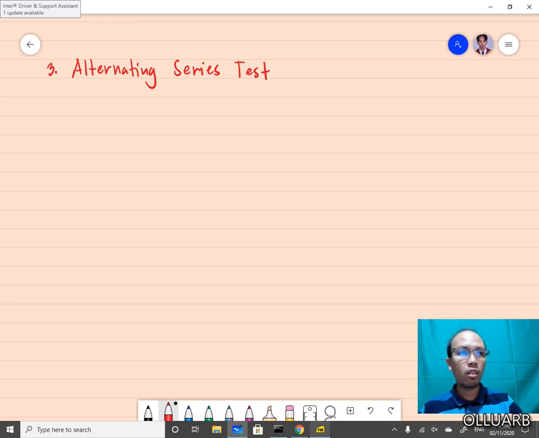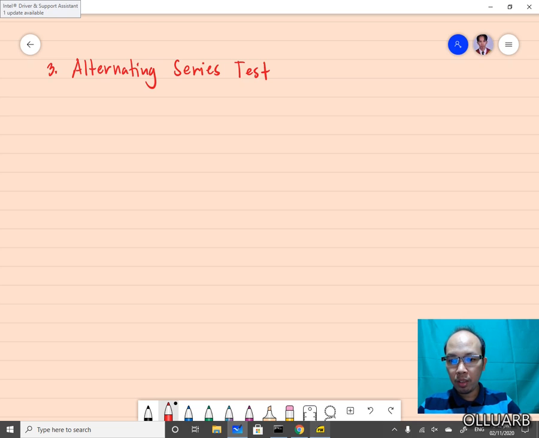This third method that we use to estimate the value of the series, we will be using the alternating series test. We know that in the previous discussion the terms contain only positive values. Okay, your a sub n must be greater than 0.